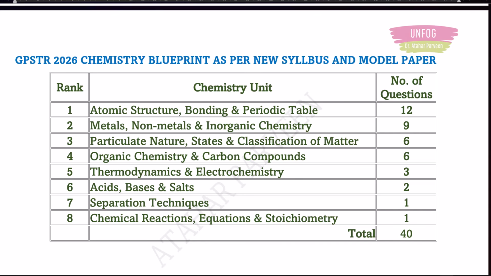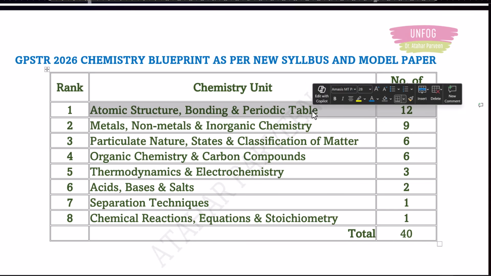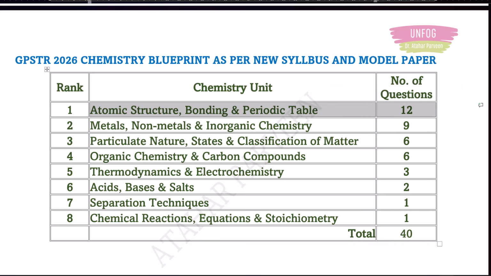Okay, so let's start with the chemistry blueprint. Here you can see that there are 12 questions from the model paper for chapters like atomic structure, bonding and periodic table. So this is your first priority. Next you have 9 questions for metals, non-metals and inorganic chemistry. 6 questions from particulate nature, states and classification of matter.